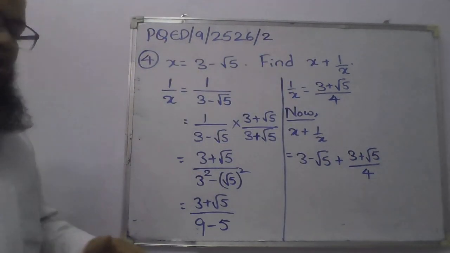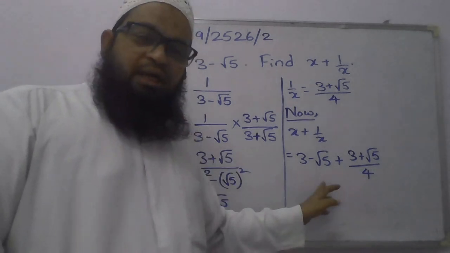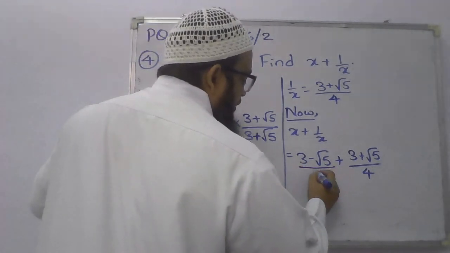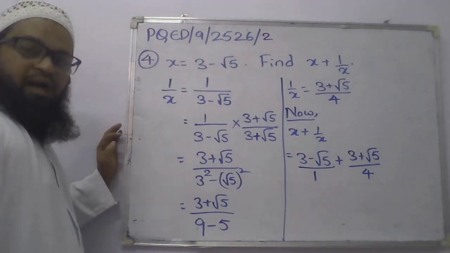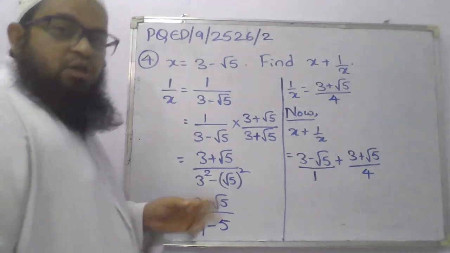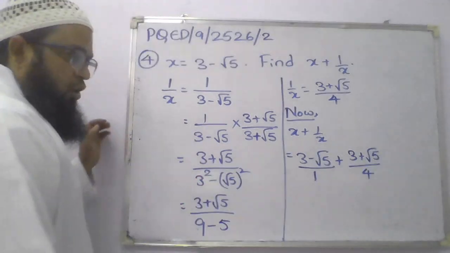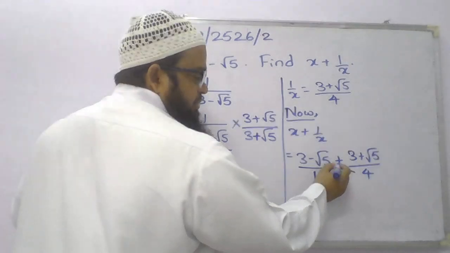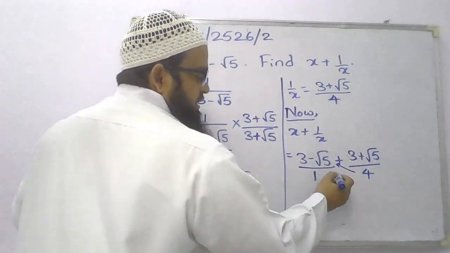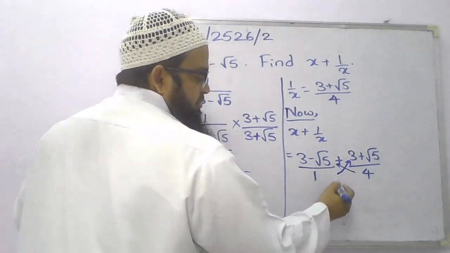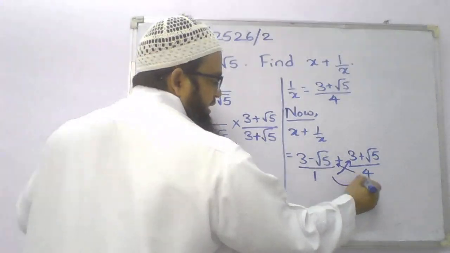But when you have to add two things, the denominator should be equal. So what is the denominator over here? 1. When you have 1 as a denominator, one of the fractions, you have to take LCM. LCM is 4, the other number. So multiply, it is simple, right? Multiply the first expression with the second denominator, the second expression with the first denominator, and multiply the denominators.